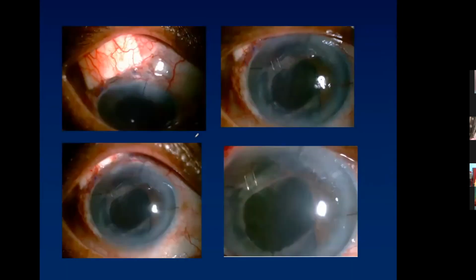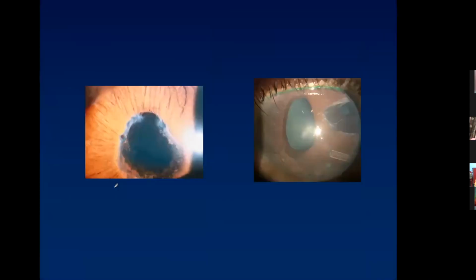However, if you put a drainage implant in such cases, since a significant portion of the tube remains inside the AC and the tube is away from the angle, there is less chance of the tube getting blocked by proliferating endothelial cells, and it is least affected by the inflammatory response. A similar mechanism applies in uveitic glaucoma.